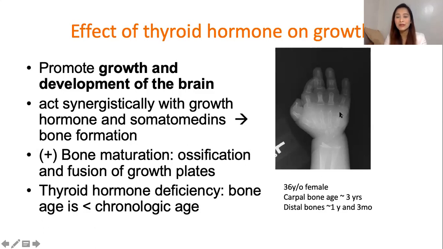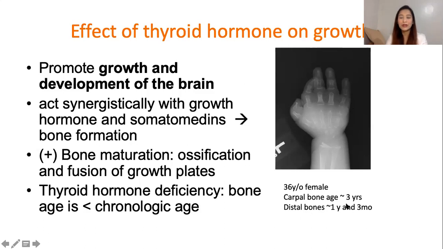So this looks like an X-ray of an infant, no? But this is actually a 36-year-old female, and look, the bones are not fused together. When you do bone aging, this is actually equivalent to a bone of a 3-year-old, and the distal bone is equivalent to the age of a 1 year and 3-month-old.